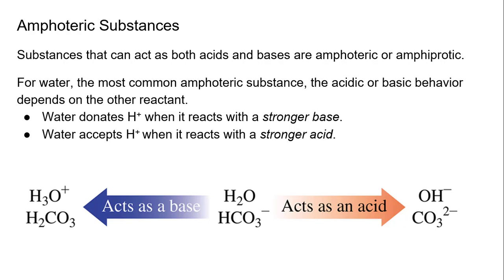Remember, strong acids completely dissociate 100%, like HCl. So it's going to be H plus and Cl minus. The H plus is immediately going to go with the water because it's a stronger acid that dissociates 100% into ions. So here we have water and bicarbonate, and you can see what happens if it acts like a base, and you can see what happens if it acts like an acid.